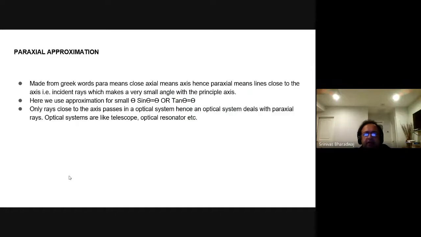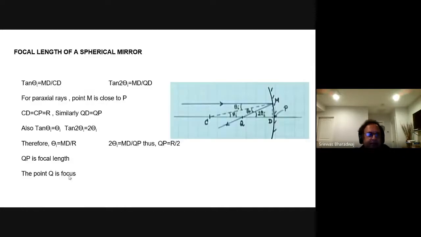The rays close to the axis pass in an optical system. Hence, it deals with paraxial rays. Therefore, here theta i equals md by r, and this applies only in this particular case.